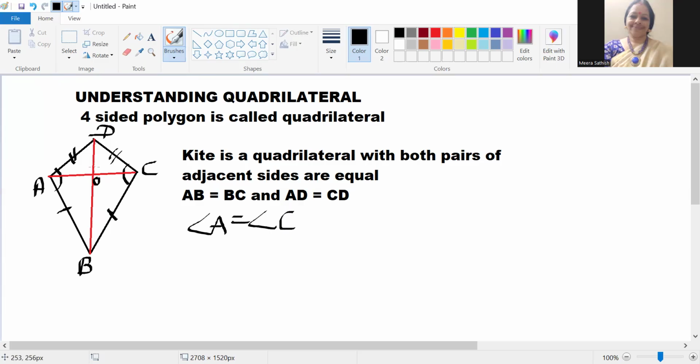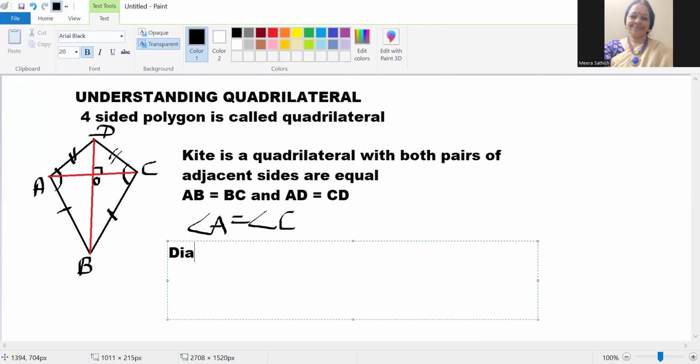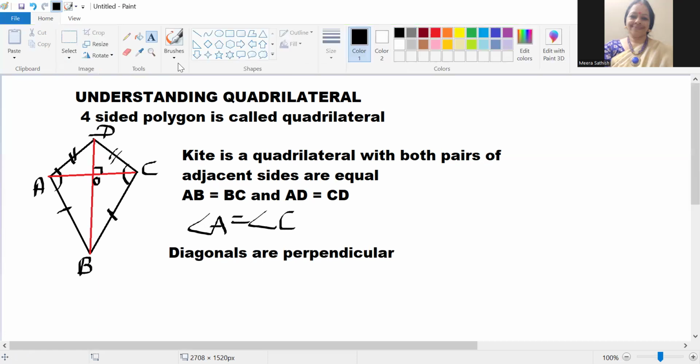And they intersect at a right angle, or I can say the diagonals are perpendicular. How can we write perpendicular as notation? We can write AC perpendicular to BD.